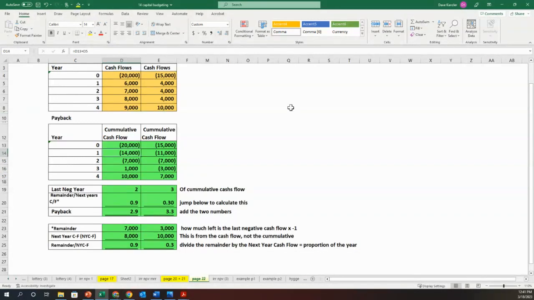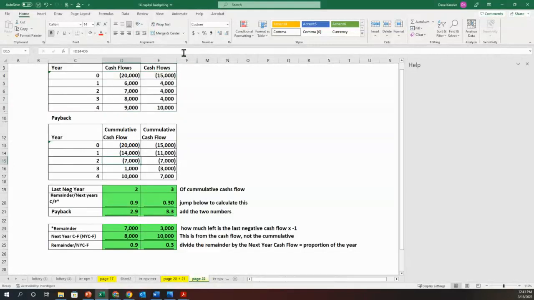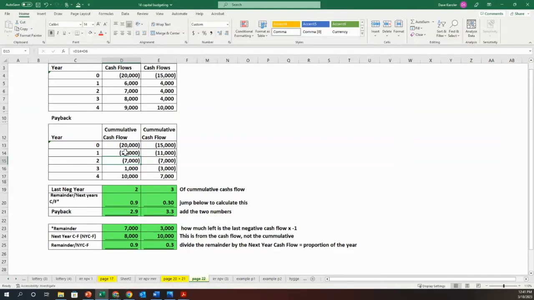So the thing that you got to pick up here, see if it's a little easier without the color. Okay, it's a little easier without the color.